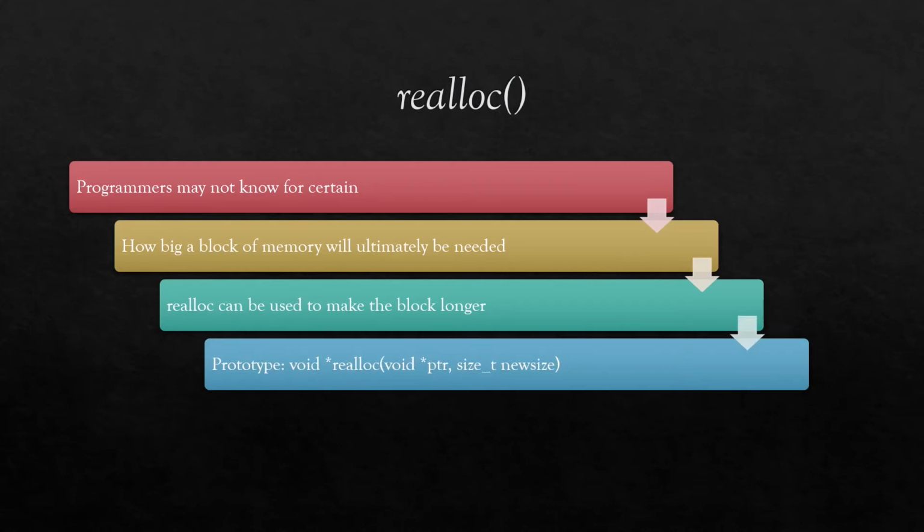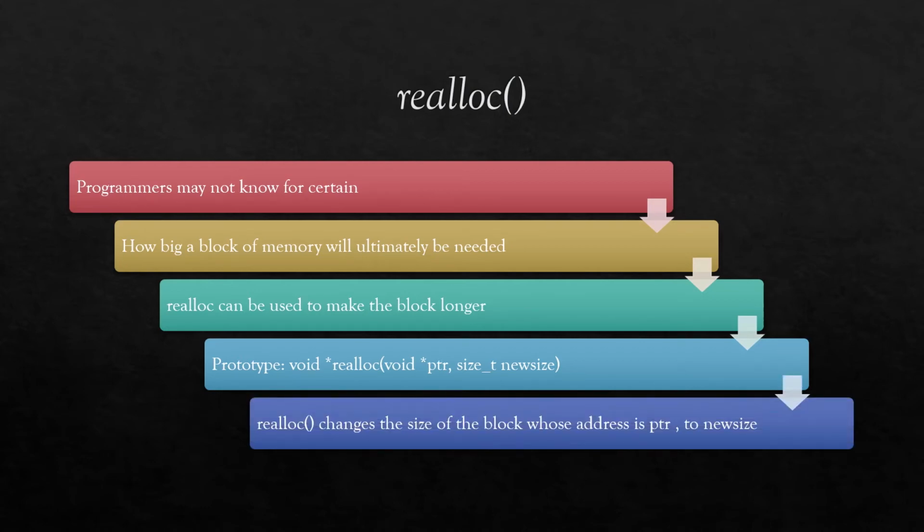As you can see, the function returns a void pointer so that it can be assigned to any data type. And then we have two arguments, void *ptr and size_t new_size. Now ptr of course would refer to the previously allocated block, the one that we're trying to make longer. And so realloc changes the size of the block whose address is ptr to new_size.